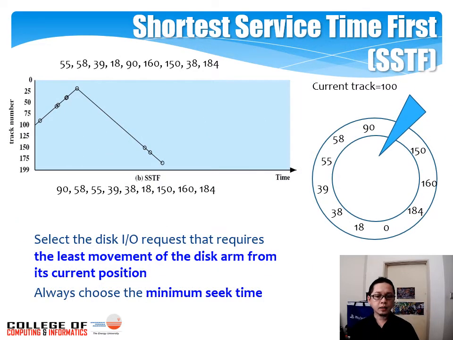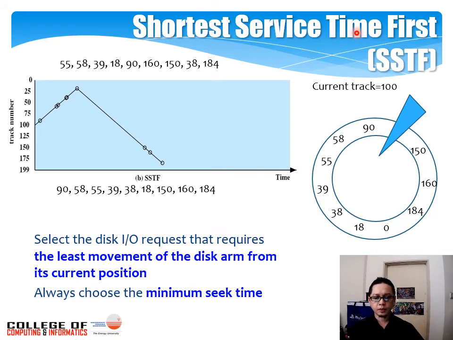Now, the second method of seek is the shortest service time first. Compared to the previous one, this one tries to analyze which request is nearest to the previous location.